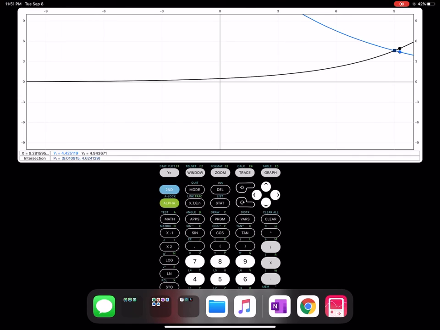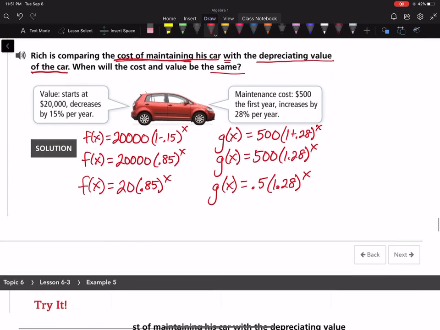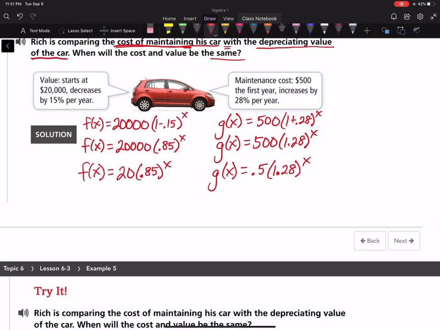So what does that mean for my answer? How many years will it take? 9 years. And how much will it cost? 4.6. Well, remember, that's in thousands. So that's 4,600, basically.